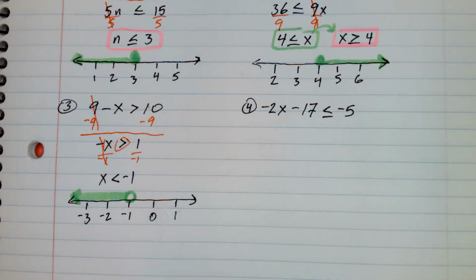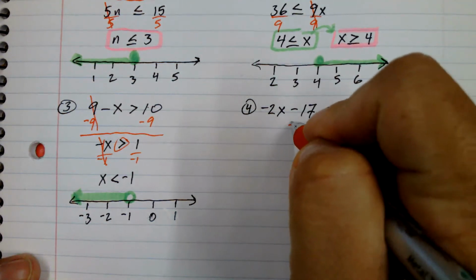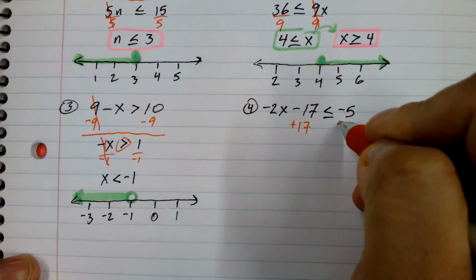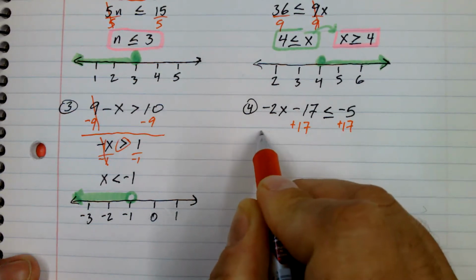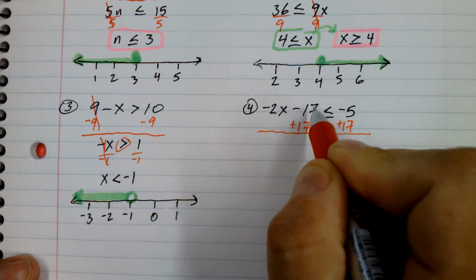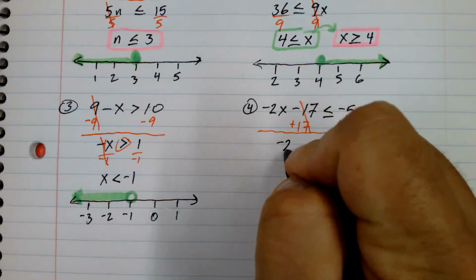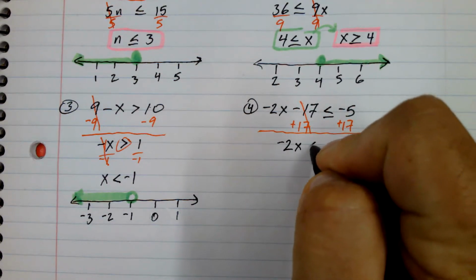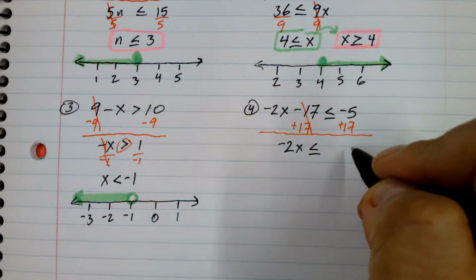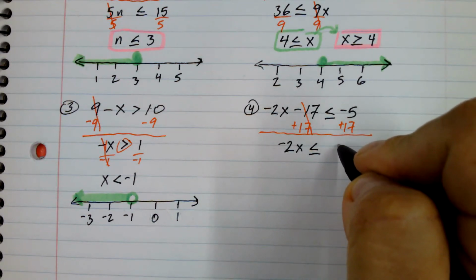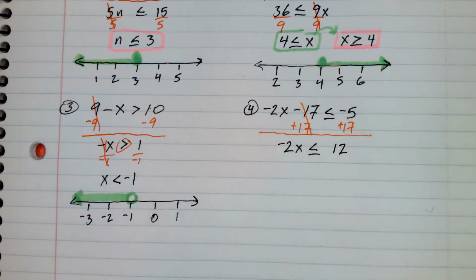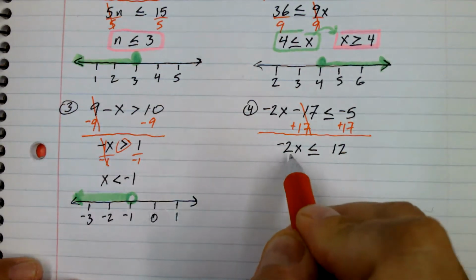What are we going to do first? Let's get rid of the minus 17 by adding. Okay, so we've got -2 times x is less than or equal to 12. Now we want to get rid of this -2 that we're multiplying.